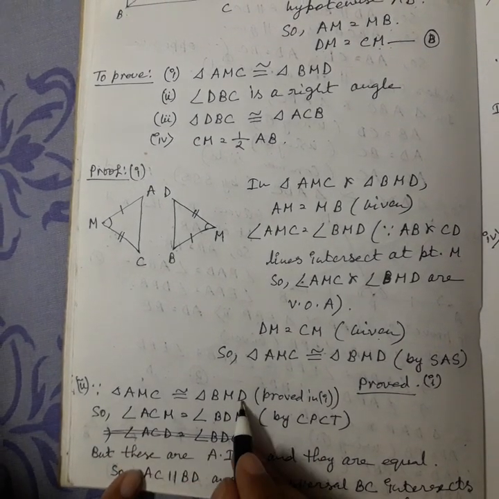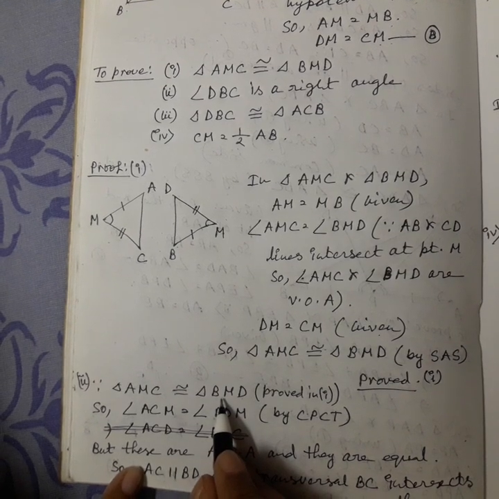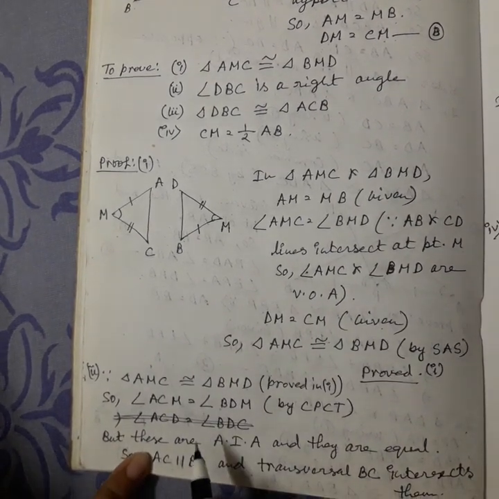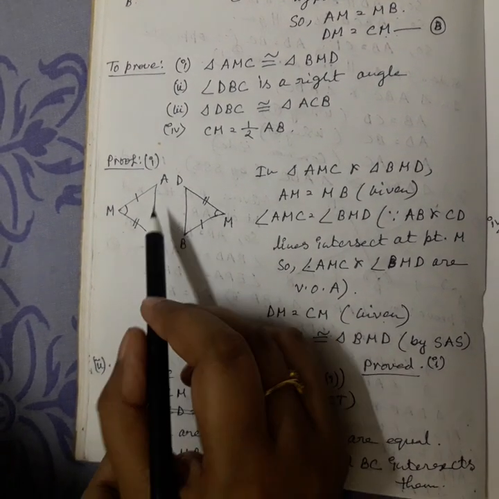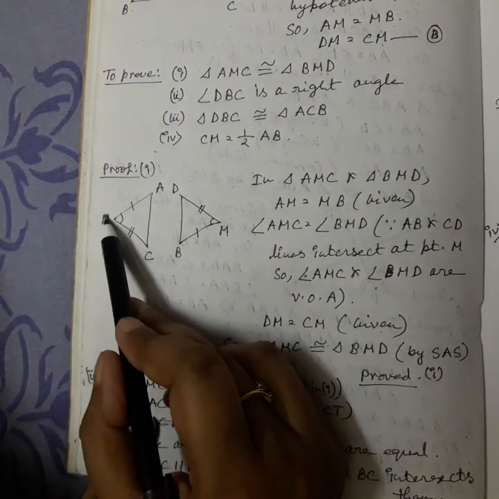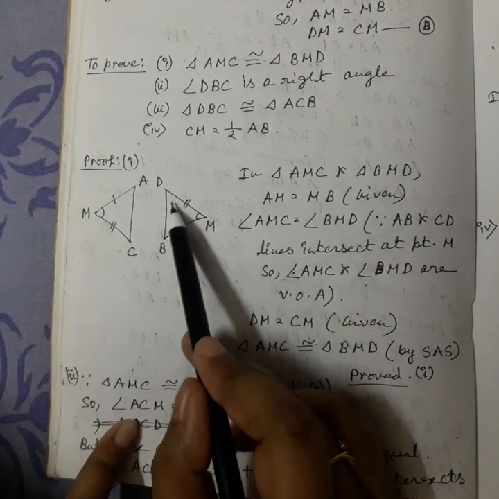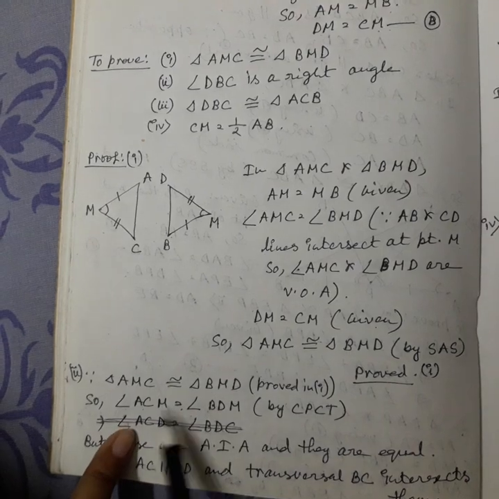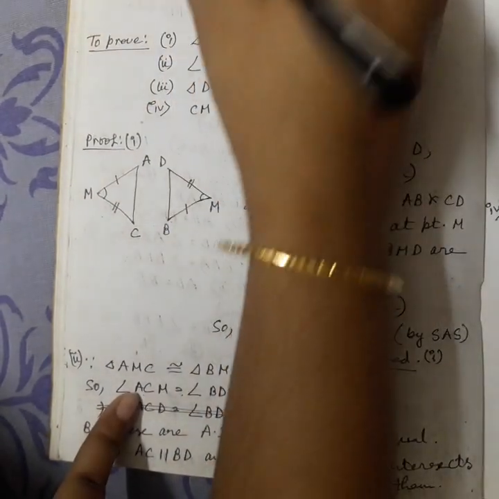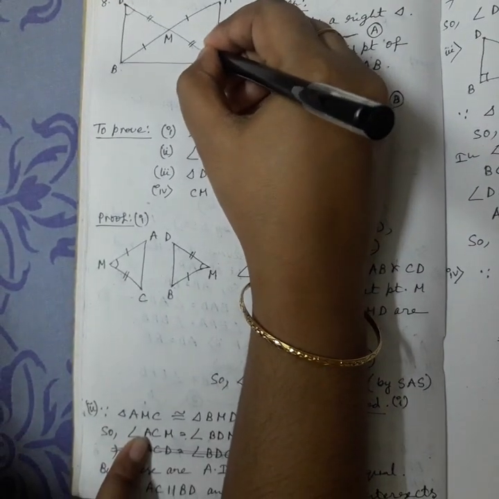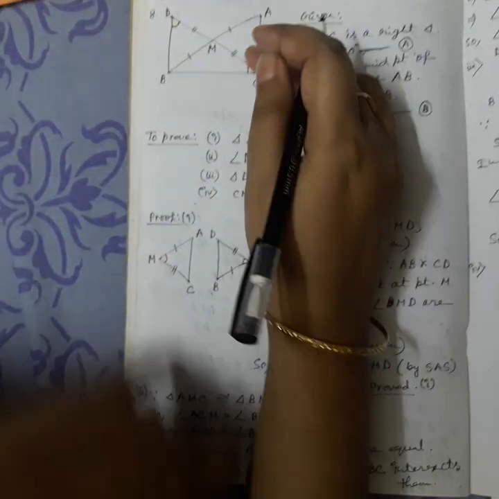If two triangles are congruent, their angles are also equal by CPCT. So angle ACM equals angle BDM. We have taken that by CPCT because these two will be needed. Just see the figure, this angle ACM and this angle BDM.